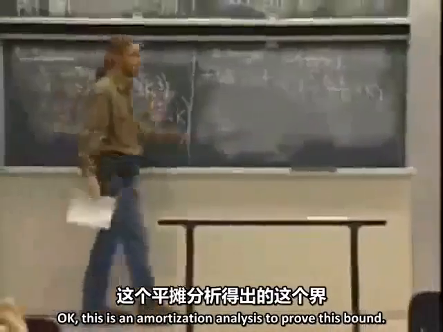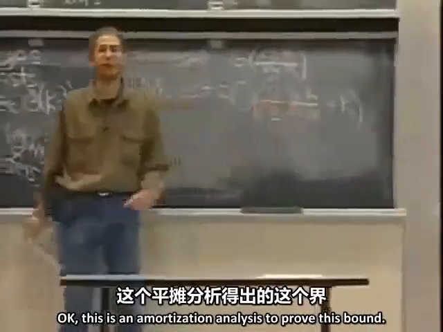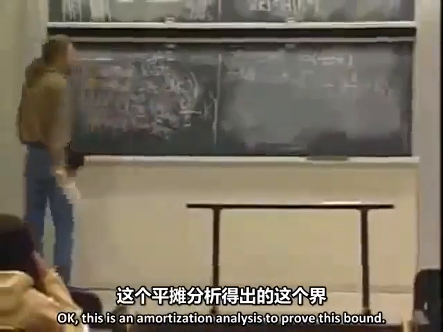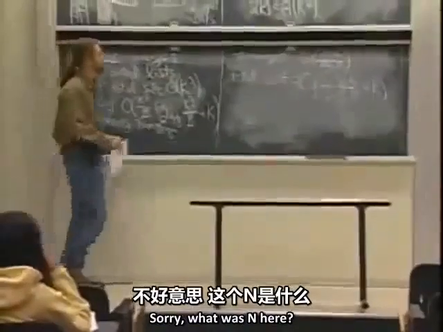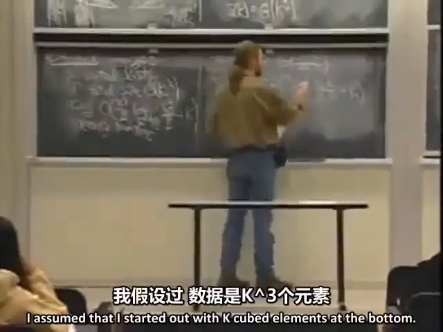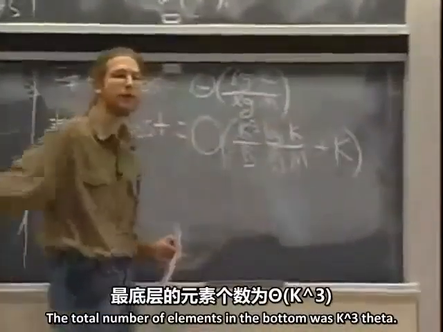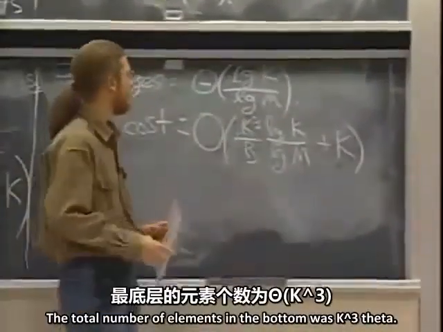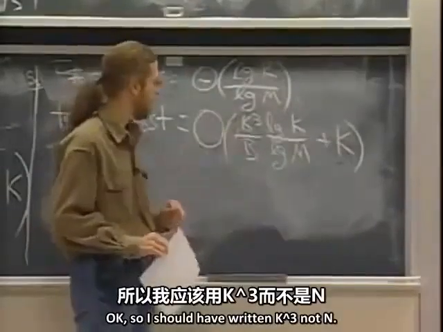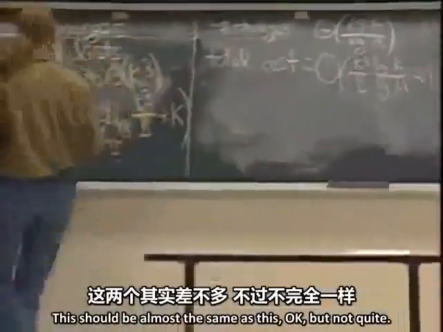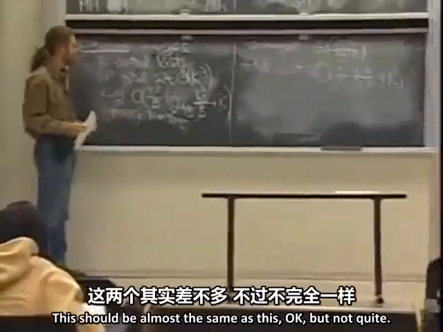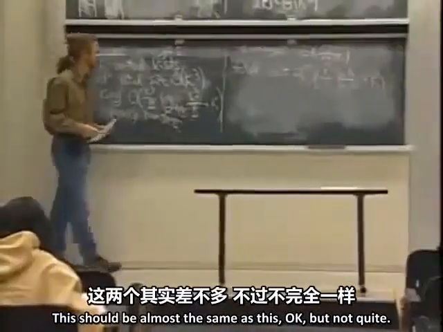This is an amortization analysis to prove this bound. Oh sorry, what was n here? I assumed that I started out with k cubed elements at the bottom. The total number of elements in the bottom was theta of k cubed. So I should have written k cubed, not n. This should be almost the same as this, but not quite.